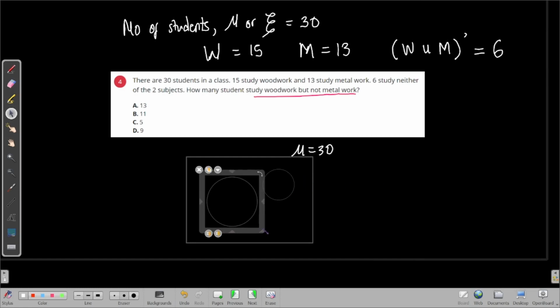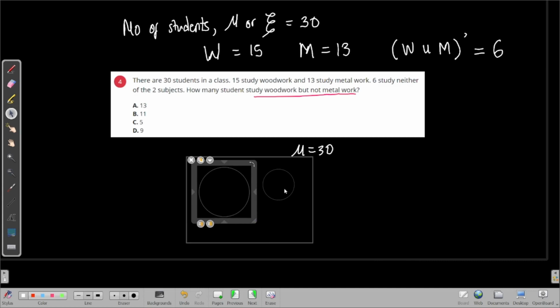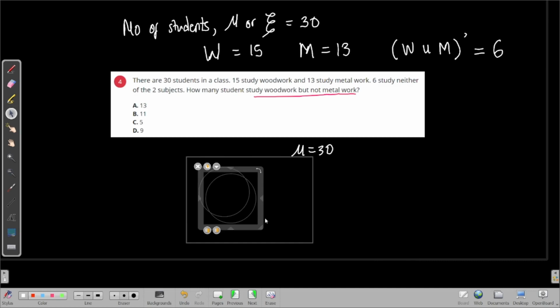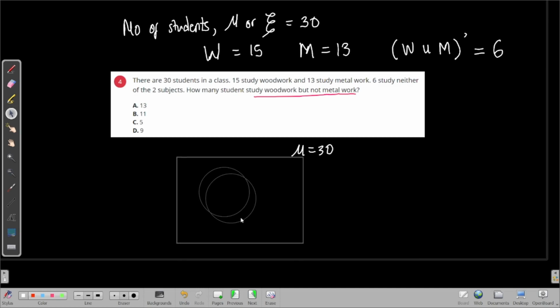One circle will be for W, and the other circle will represent metalwork. You just make them intersect this way. So let's say this is W, this is metalwork.